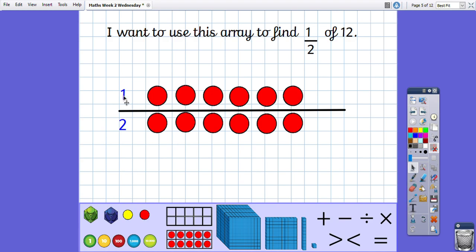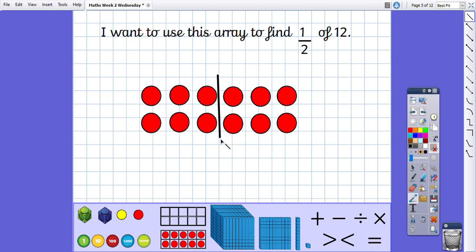Now, I'm going to be really sneaky now. I am going to split my array in half vertically down the middle. Can I still do this? Is that still showing half? Let's check. 1, 2, 3, 4, 5, 6 counters in group 1 and 1, 2, 3, 4, 5, 6 counters in group 2.